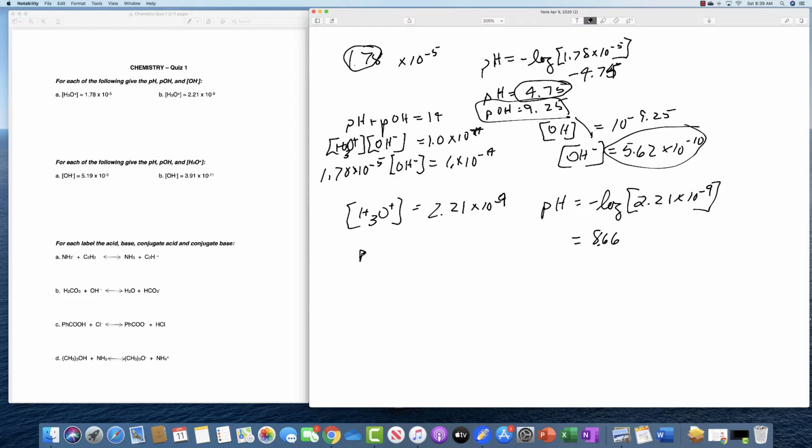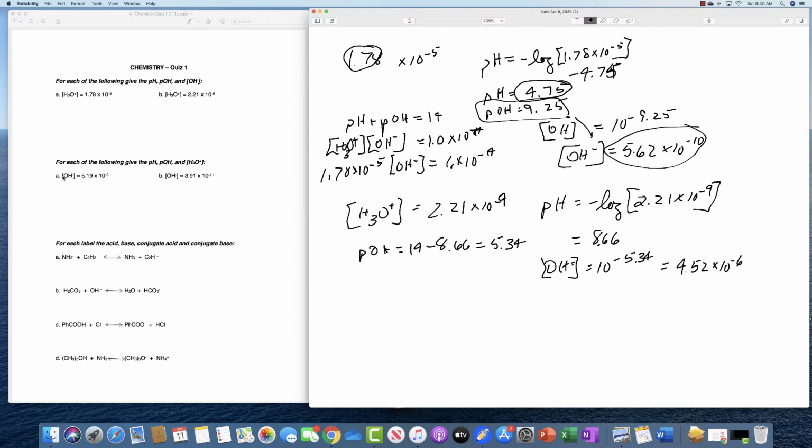Then the pOH is going to be 14 minus 8.66, which is equal to 5.34. Then the hydroxide ion concentration is going to be 10 raised to the negative 5.34, which is going to equal 4.52 times 10 to the minus 6.